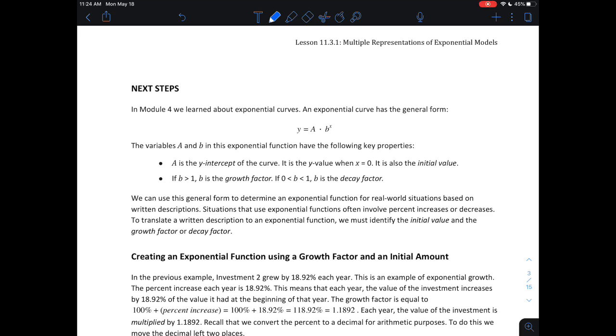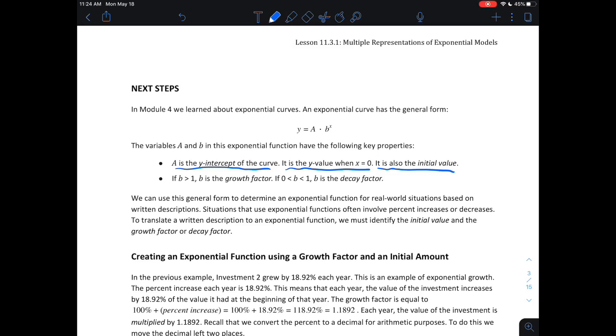First, capital A is the y-intercept of the curve. It is the value when x is equal to 0, and it's also called the initial value. We had a y-intercept and an initial value with linear functions. You also find that when x is equal to 0, but here we have a different form of our model.